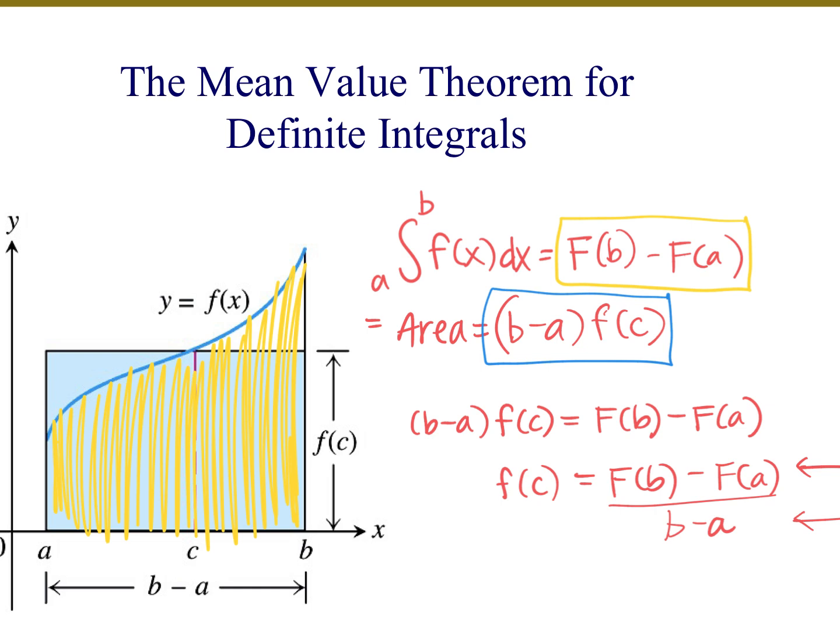Average value deals with antiderivatives. So it will be f of c, not f prime of c, but regular f of c is the integral over b minus a. So they're both over b minus a, but this is a prime and that's not.